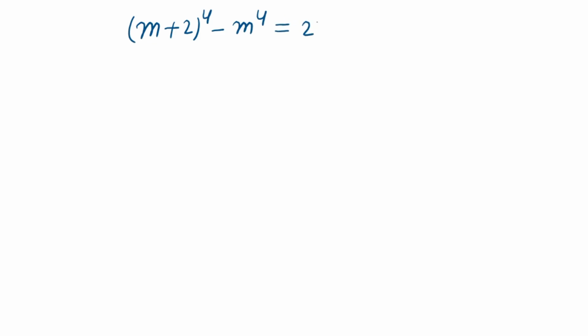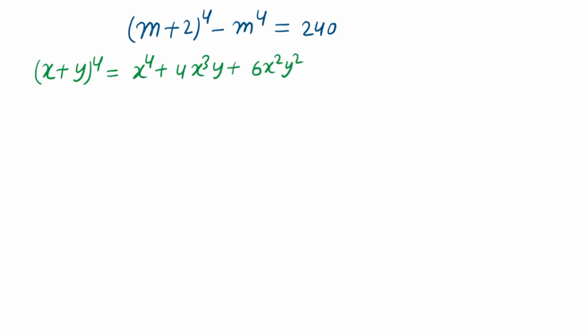We know the algebraic identity (x + y)^4 = x^4 + 4x^3y + 6x^2y^2 + 4xy^3 + y^4.